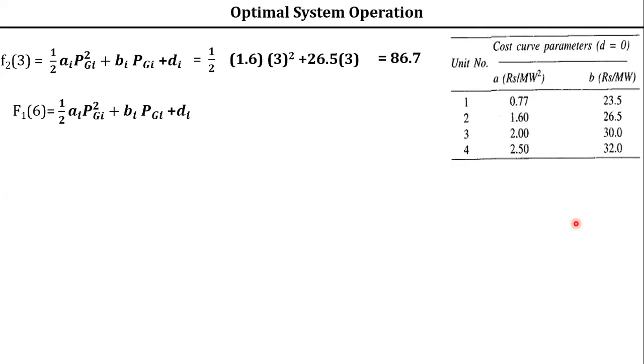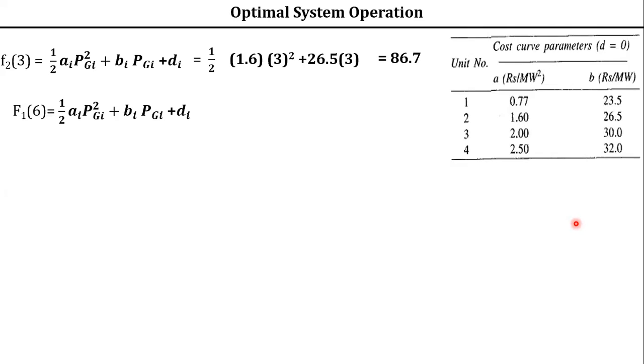But while explaining unit commitment, I have taken half with different coefficients, AI, BI, DI. In PGI square, I have written 1/2.